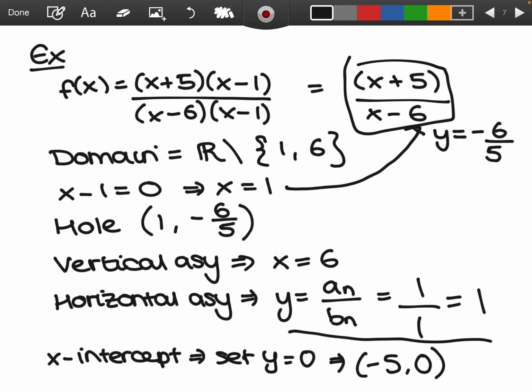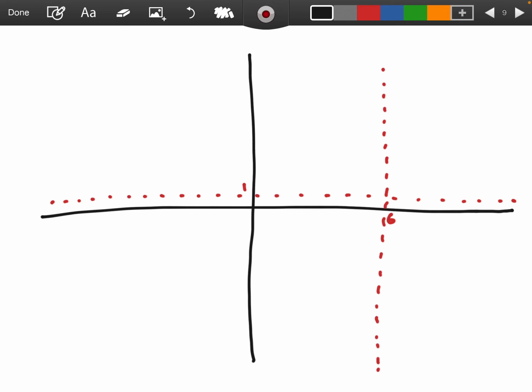If one of these exists, then you know that as x goes towards both positive and negative infinity, it must approach this value of y. So when we come back to here, we know that as x goes towards positive infinity, it has to approach this line. And as x goes towards negative infinity, again, you know it has to approach this line.